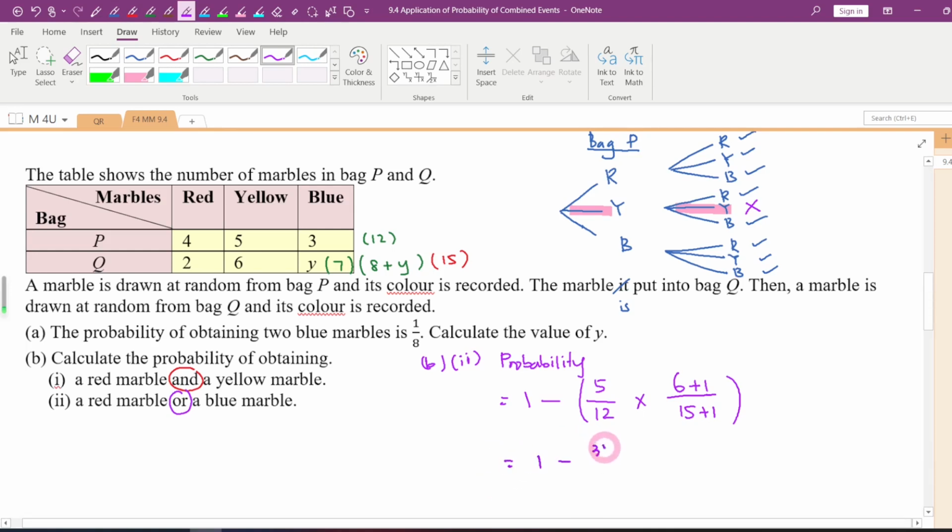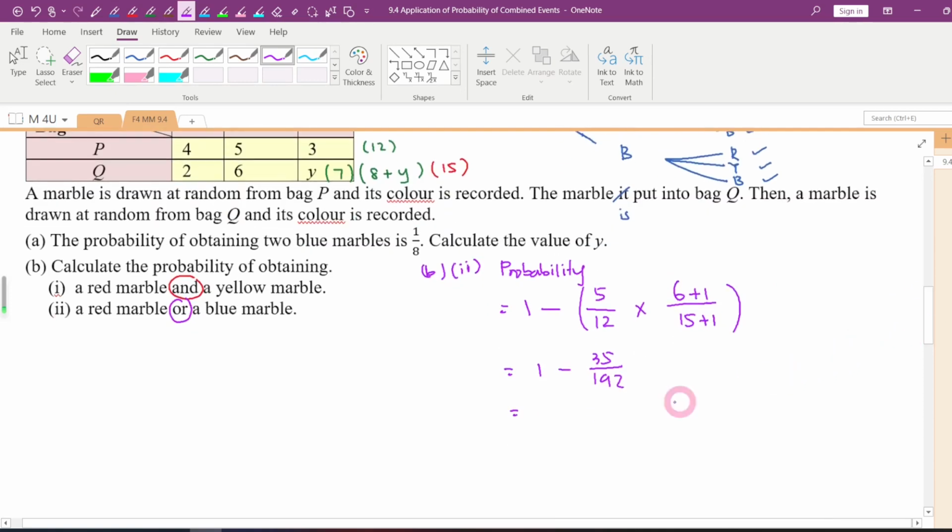So this is 35 over 192. 1 minus 35 over 192 is equal to 157 over 192. Okay, this is the answer for B2.